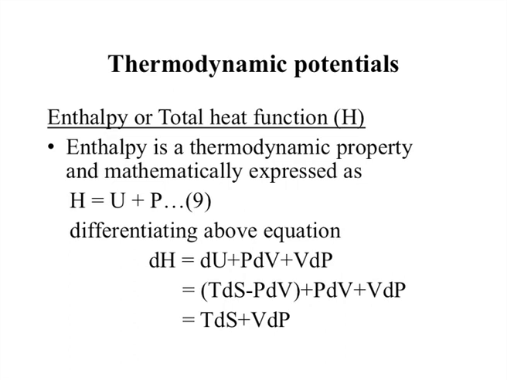Already we have written the change in internal energy dU is equal to TdS minus PdV. If we substitute, we get TdS minus PdV plus PdV plus VdP. So finally, we get the change in enthalpy dH is equal to TdS plus VdP.